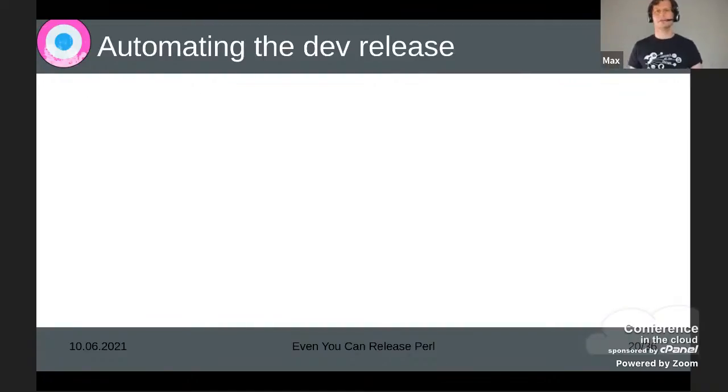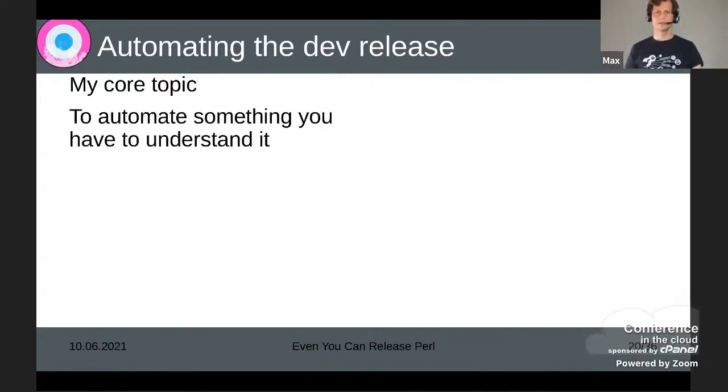I've talked a bit about manual steps. I've given lots of talks about automating things. So yes, why is the Perl release process so manual? Well, not so manual, but why does it still contain any manual steps anyway?